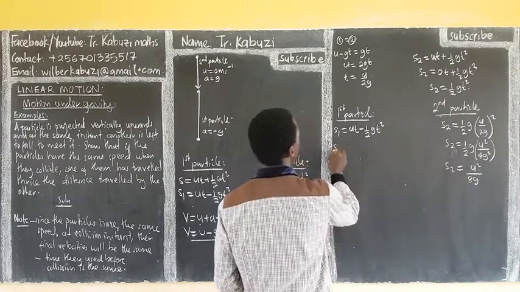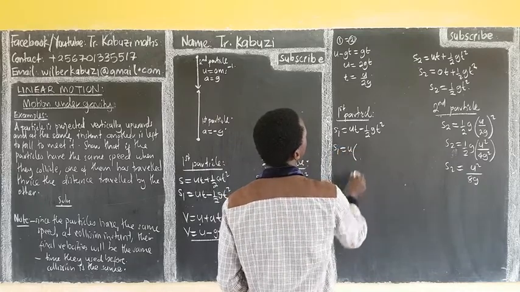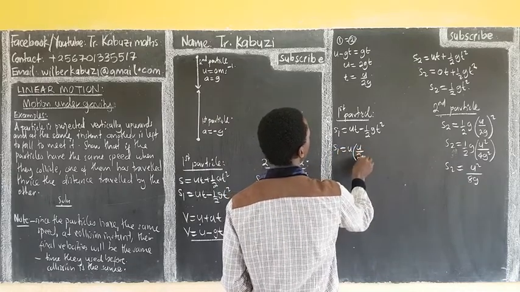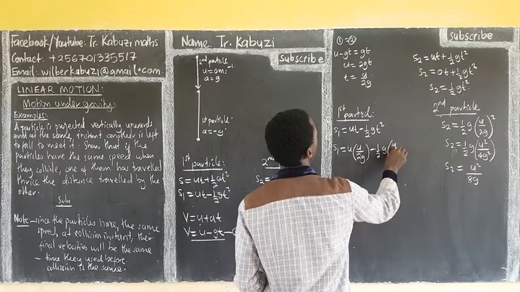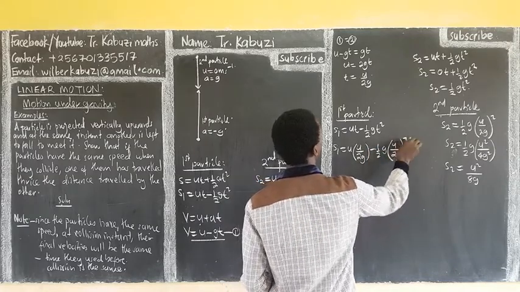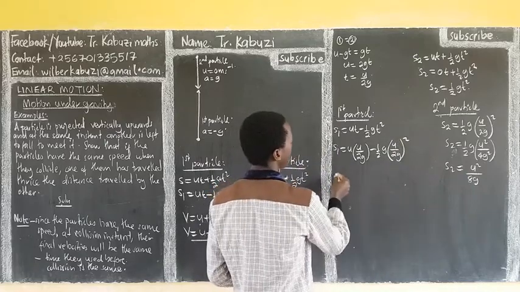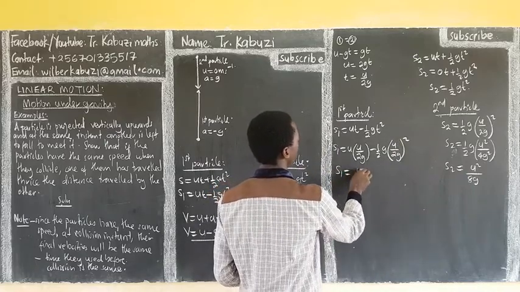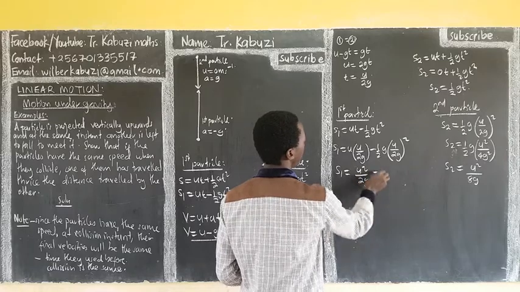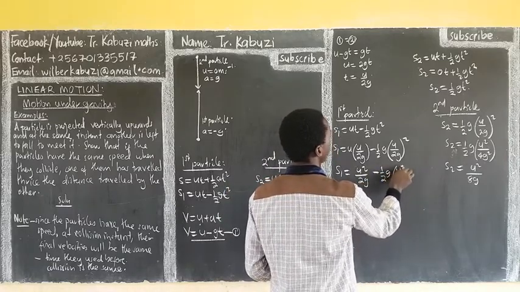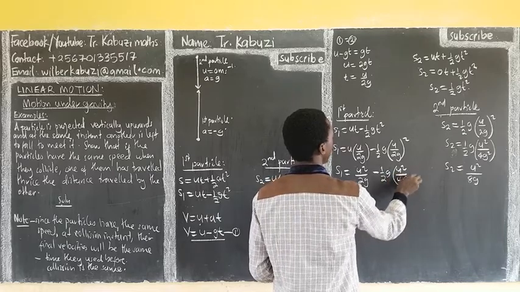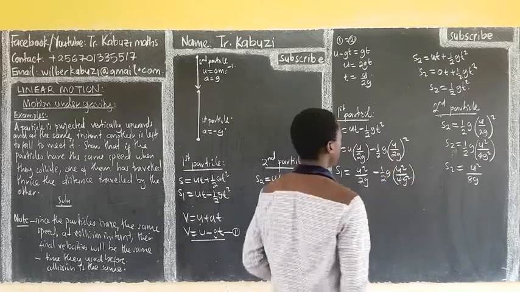We are going to have s equals u into u over 2g, then minus a half g into u over 2g, the whole squared. So S1 will be u squared over 2g, then minus a half g into u squared over 4g squared.